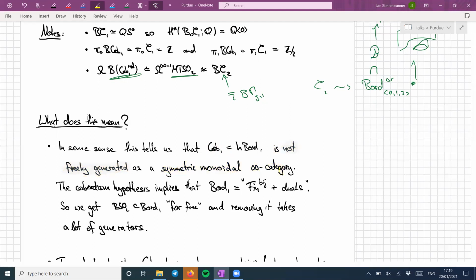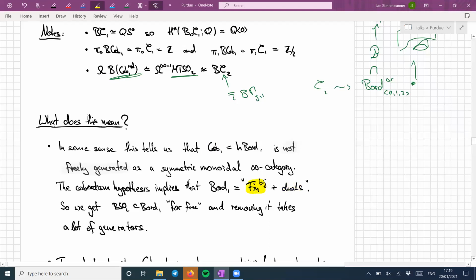If you know the cobordism hypothesis just in dimension 1, that tells you that finite sets and bijections form the free symmetric monoidal category on one object, and this has all the symmetric groups in there. Then you add duals, and adding duals and taking classifying spaces should correspond to group completing.